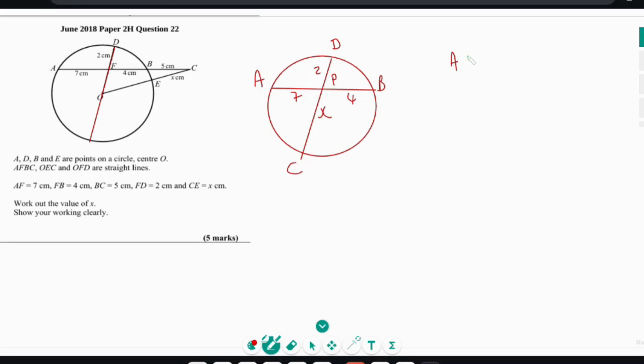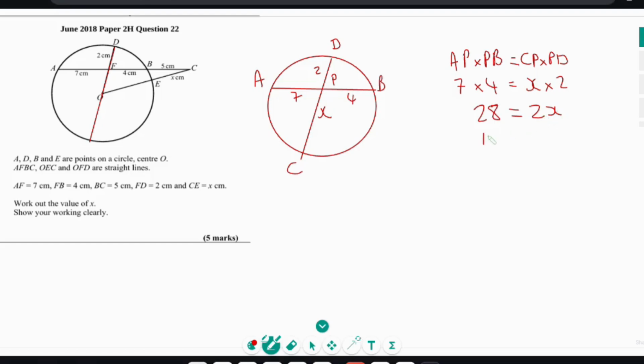So our intersecting chord theorem, AP times PB is equal to CP times PD. AP is 7, PB is 4, CP is x and PD is 2. So you've got 28 is equal to 2x.